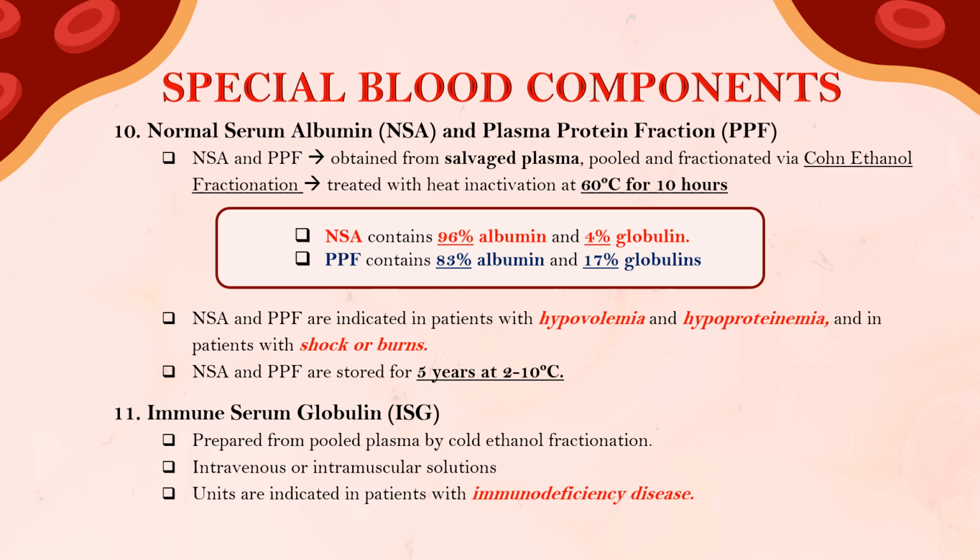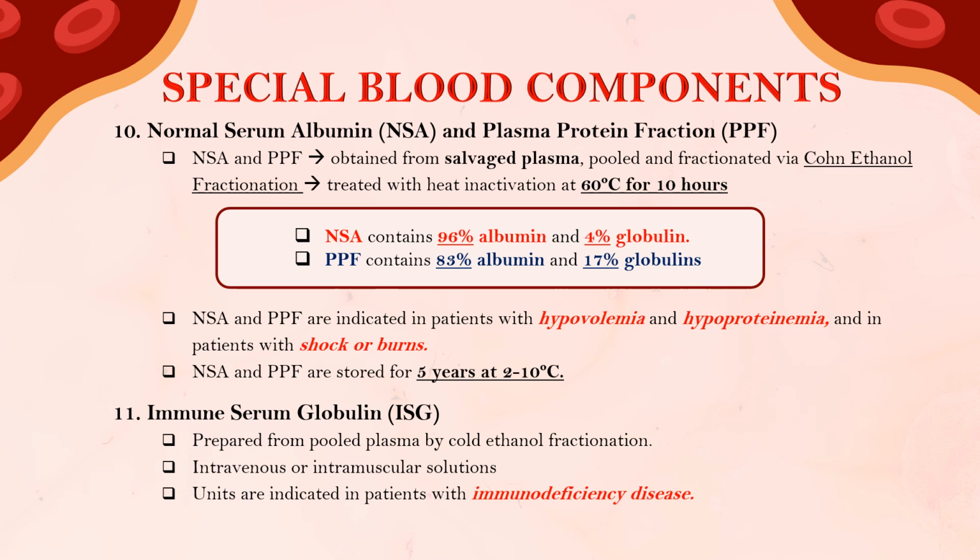And so, okay, class, memorize these percentage values. Your NSA contains 96% albumin and 4% globulin, while PPF contains 83% albumin and 17% globulin. Your NSA and PPF are indicated for patients who are hypovolemic and hypoproteinemic, and in patients with shock or burns. Both units are stored for 5 years at 2 to 10 degrees centigrade.